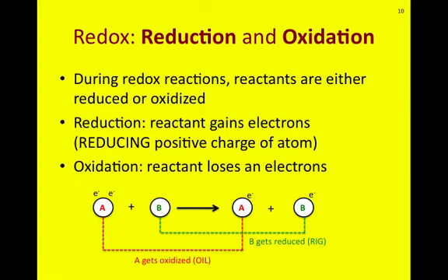Therefore, B gets reduced. Another way to remember this is the word RIG: reduction is gaining electrons. So oxidation, you are losing electrons; reduction, you are gaining electrons. And these redox reactions occur all over in the 3 major steps of cellular respiration.